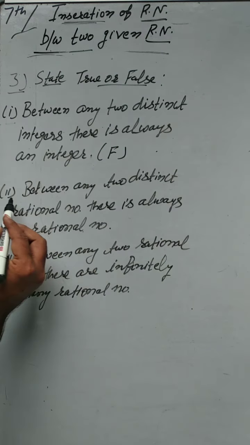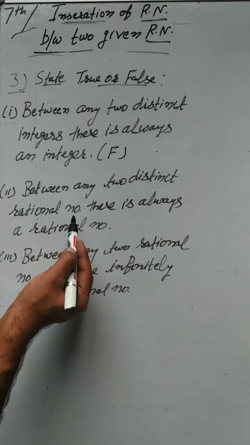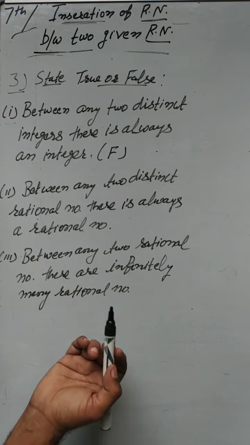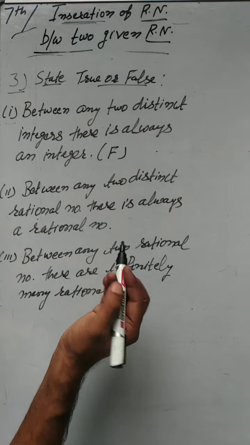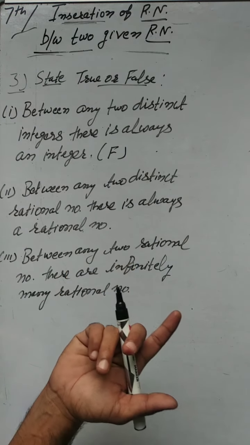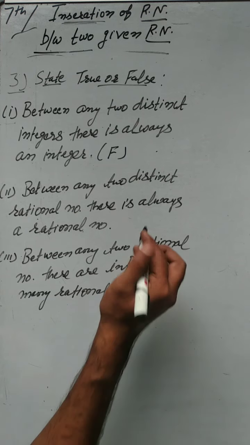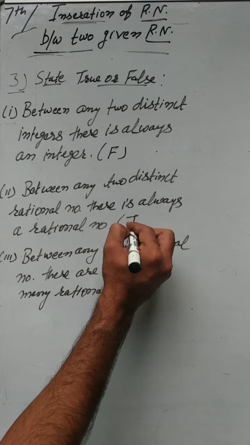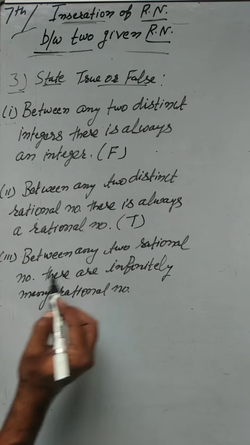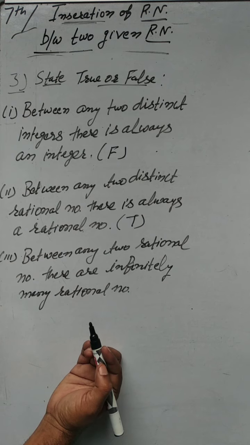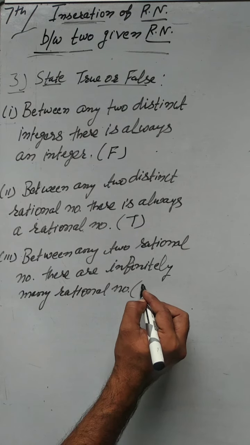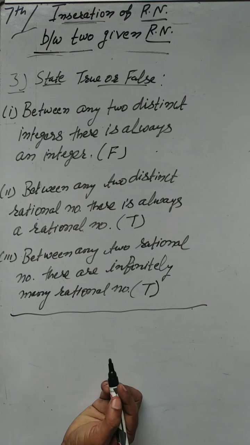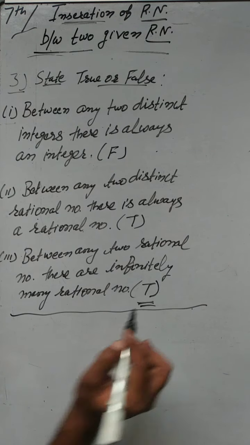Understood? Second: between any two distinct rational numbers there is always a rational number. Yes, there is a rational number between any two rational numbers. We can easily find it. So this is true. And between any two rational numbers there are infinitely many rational numbers. Yes, I already explained, there are infinitely many rational numbers between two given rational numbers. So it is also true.